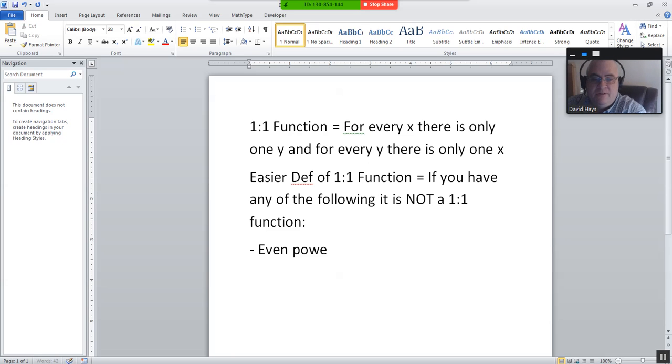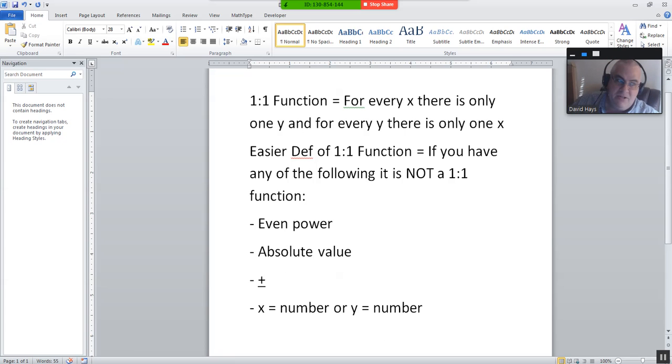If you have even powers, if you have the absolute value, if you have the plus or minus symbol, or if you got x is equal to a number, or y is equal to a number. And that's all you have, like x equals 3 and y is equal to 5. Unless there is a condition put on x.